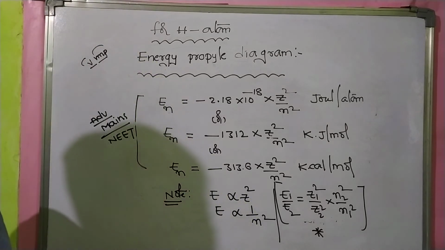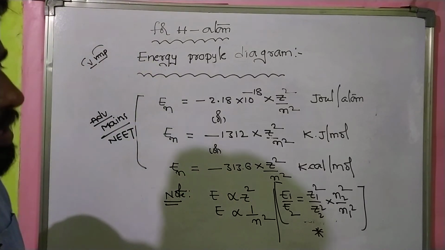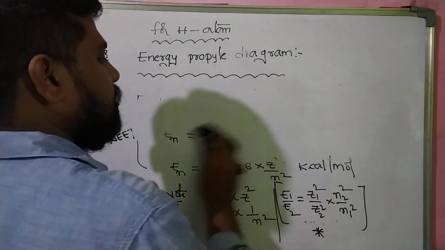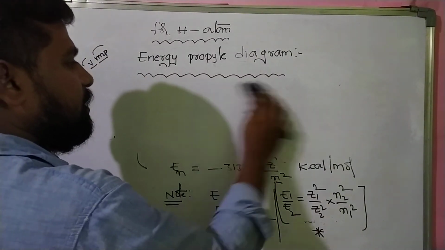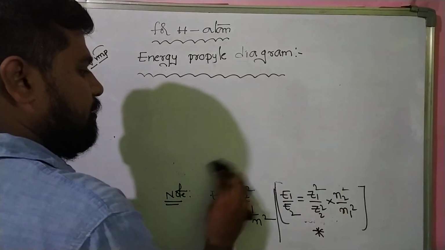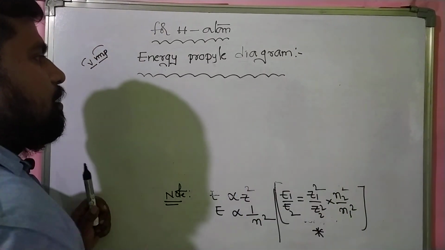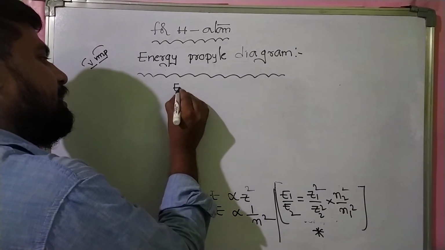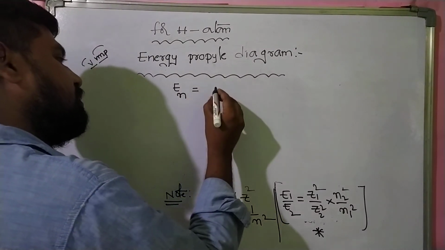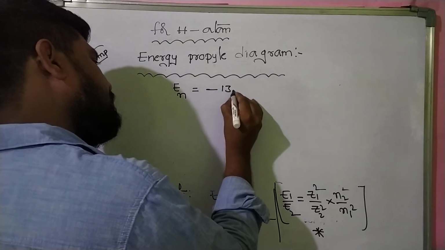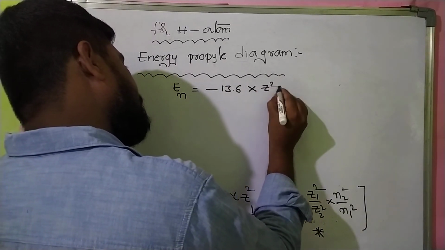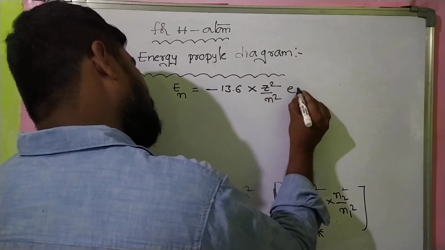Energy profile diagram for the hydrogen atom. Please note each and every point. Listen. First of all, write En equal to minus 13.6 into Z square by n square electron volt.